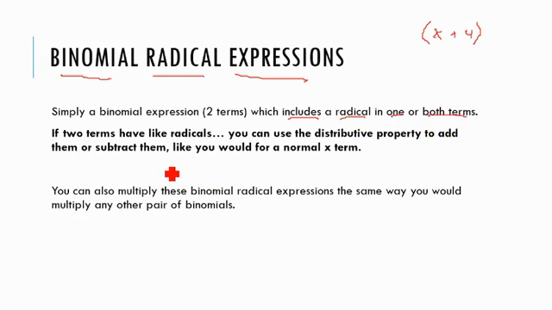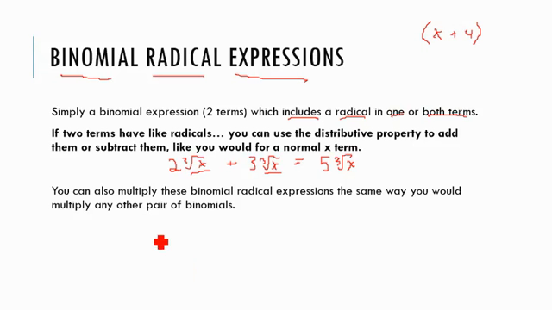For example, if I had 2 cube root of x plus 3 cube root of x, that is a binomial radical expression. But I could actually add those. Because they have the same radical, they have like radicals, I can say that is 5 times the cube root of x. Okay?